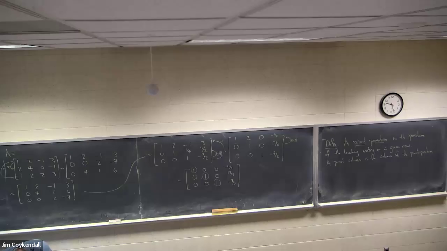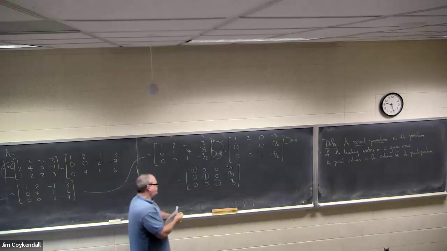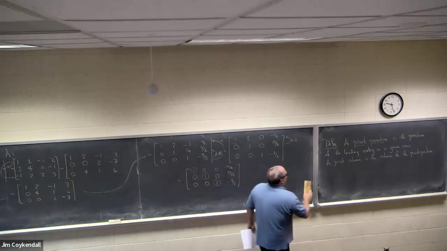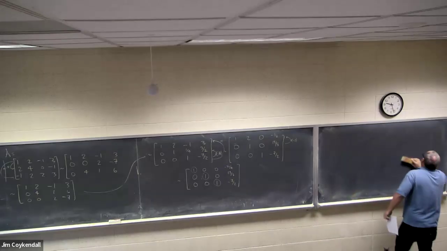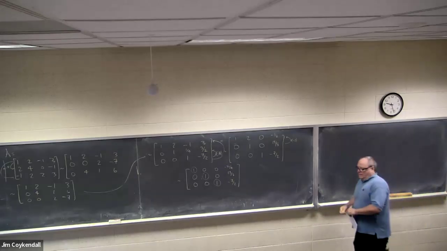All right, so we're going to use this on systems, and you might wonder how this silly manipulation helps. Well, I'm going to start off with a very basic example.